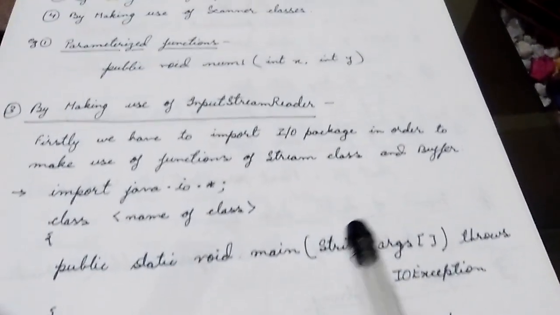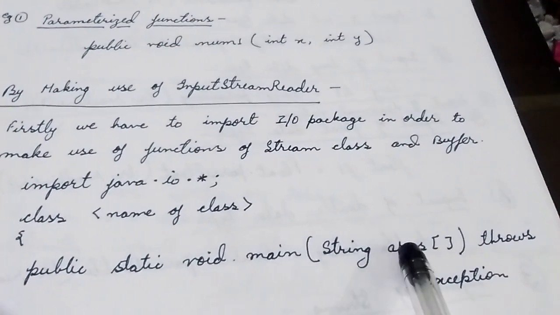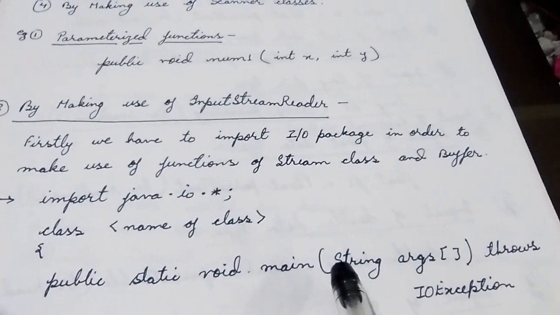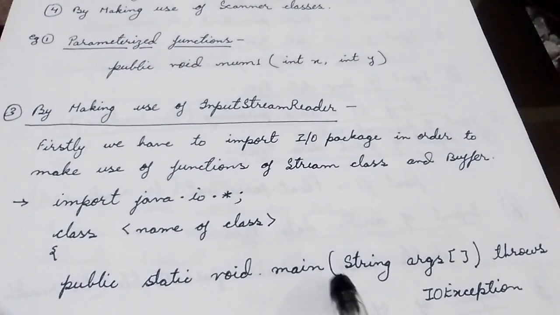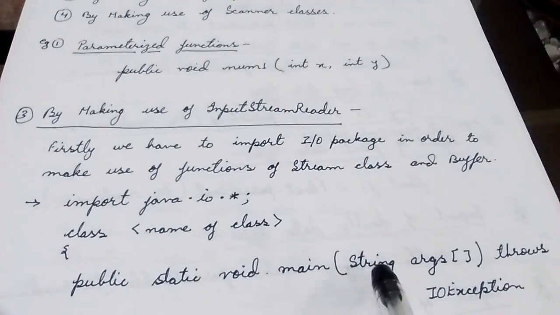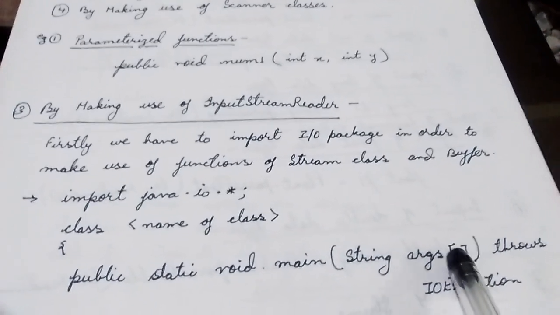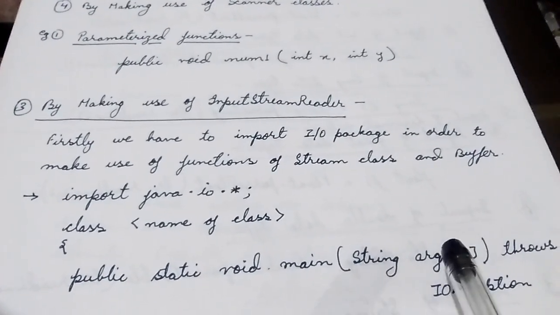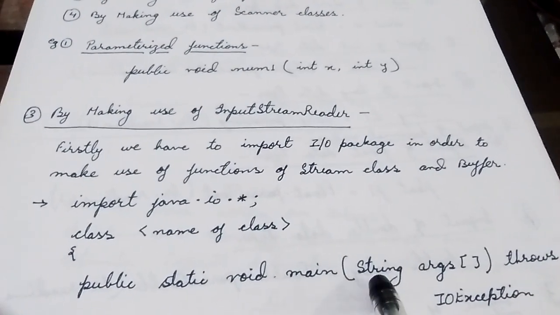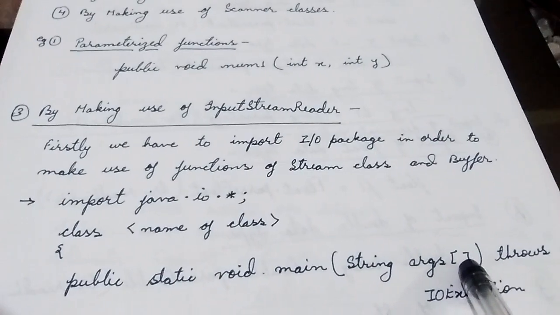Now let us come back again to the function declaration. In this function declaration, we have learned that whatever is passed inside the parenthesis of the function is called an argument. An argument is used to take input. Here we see it is written as String args as an array.